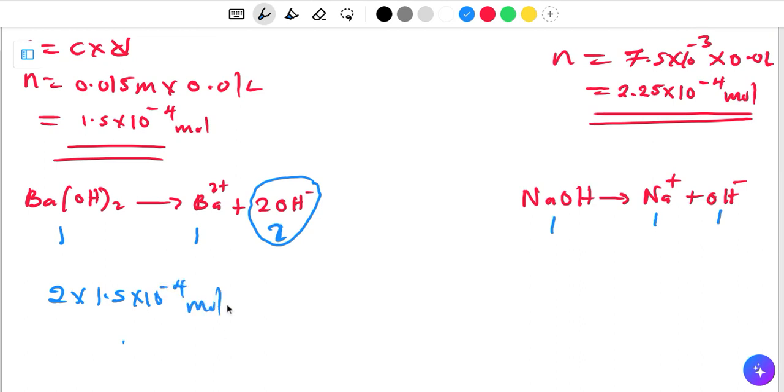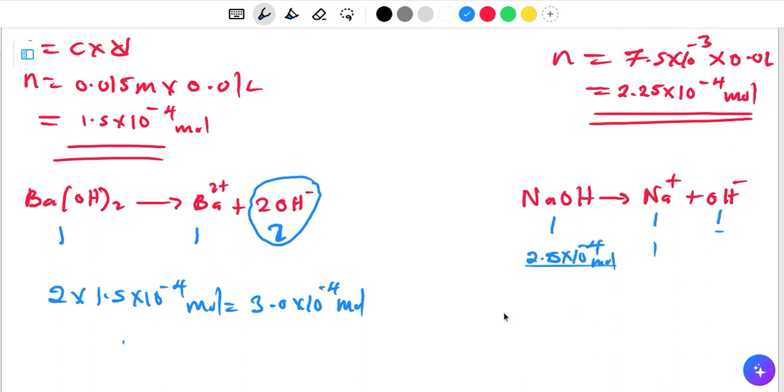So this one is going to give us 3.0 multiplied by 10 to the power negative 4 moles. What about this one? It is 1 to 1, so meaning to say this one is having 2.25 multiplied by 10 to the power negative 4 moles. So for hydroxide on that part, it is this one.